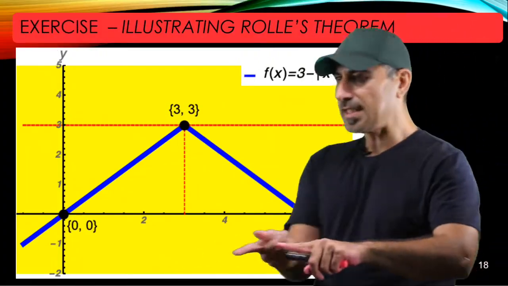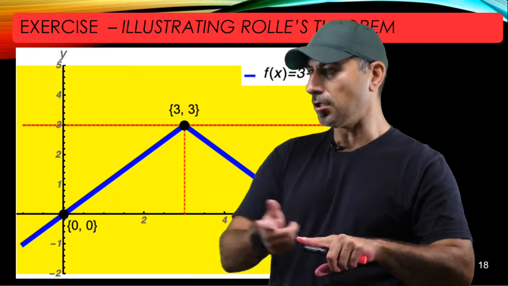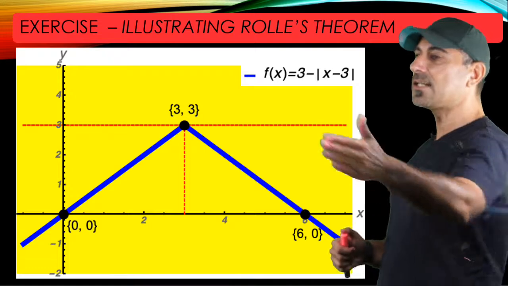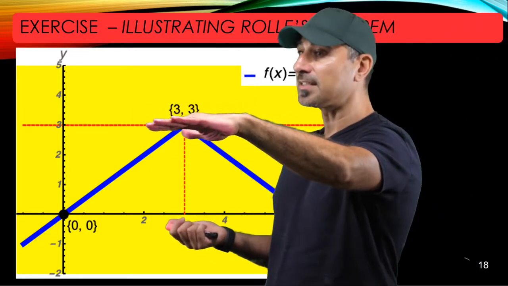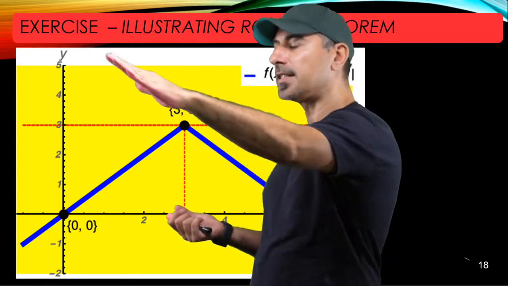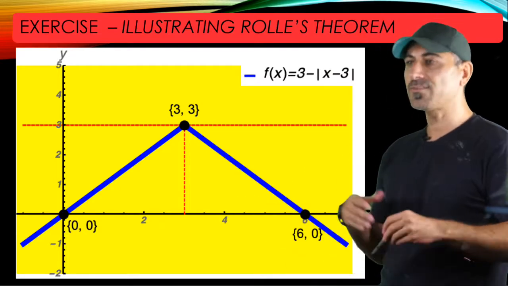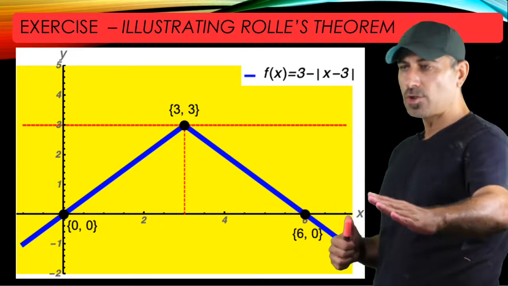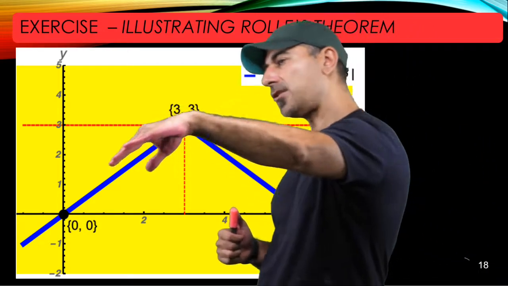If you look at the secant line connecting these 2 points, it is just a horizontal line. But as you see in the graph, there is no horizontal tangent line, because on the left it's this tangent line and on the right it's this tangent line. So at x equals 3, f doesn't have any tangent line, and there's nowhere in this interval that you have a flat or horizontal tangent line.